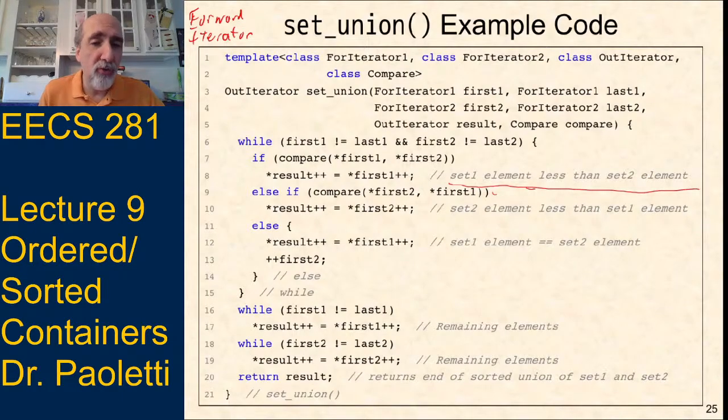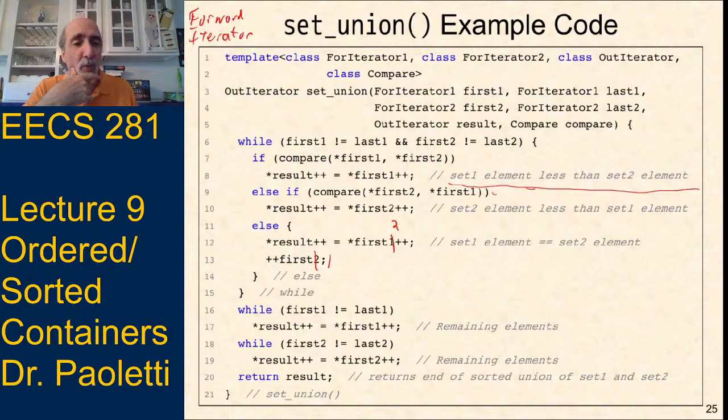I chose to copy from first 1 and then increment first 2 in its own separate statement. If I reverse the 2 and the 1 here, it still works just fine. I've just got to do all 3: copy from 1, and everybody has to get incremented.